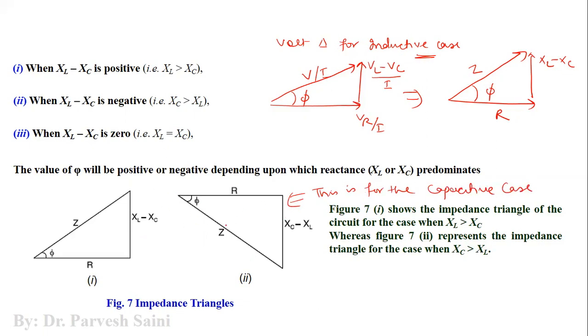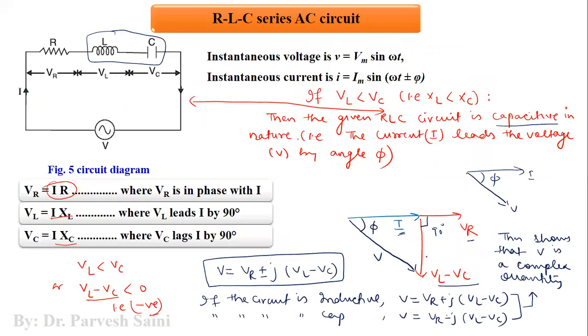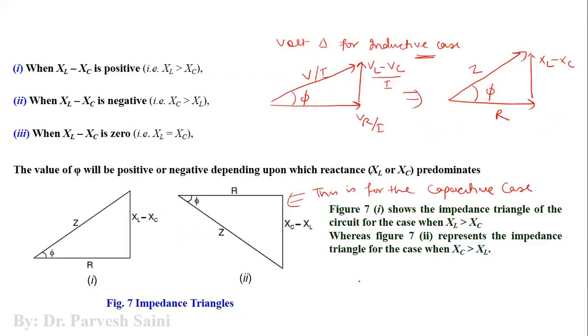Now, this can also be drawn. You can see here in this diagram, you have VR, V, and VL minus VC. So let us draw. We have VR, then VL minus VC, and then V. This is phi.